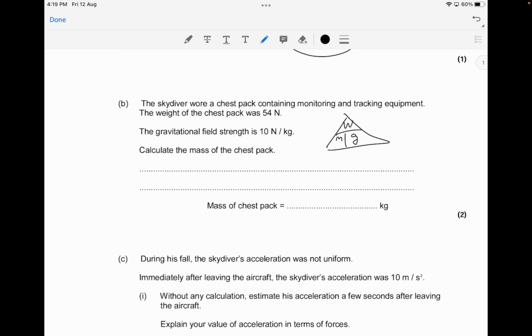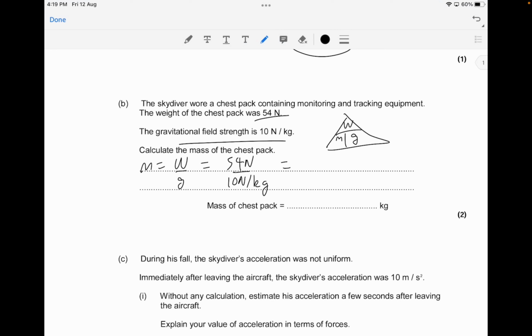Formula triangles are a very nice way to show the formulas. Since they have given us the weight of about 54 newtons and the gravitational field strength of about 10 newtons per kilogram, the mass is going to be equivalent to the weight divided by the gravitational field strength, where 54 newtons in weight is divided by 10 newtons per kilogram.